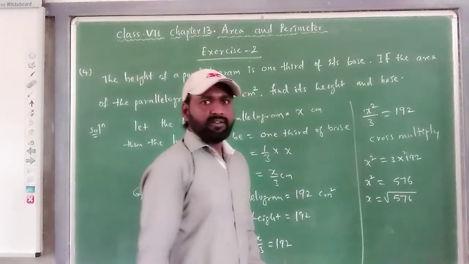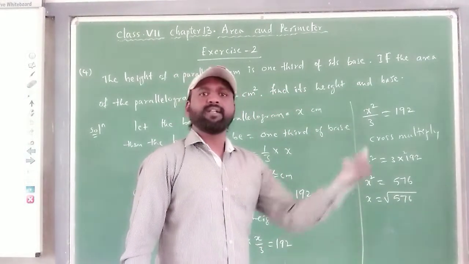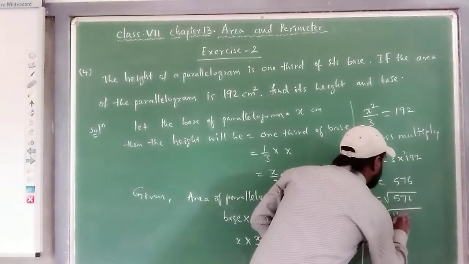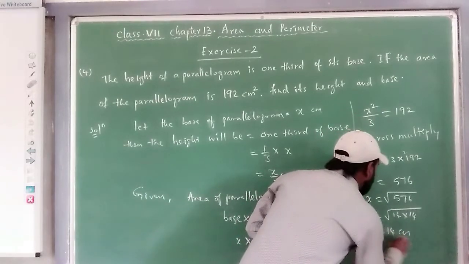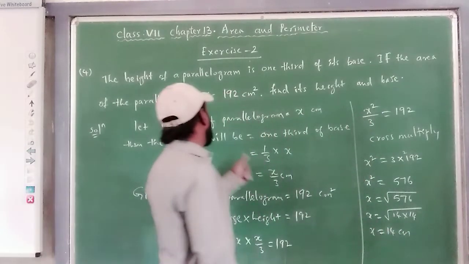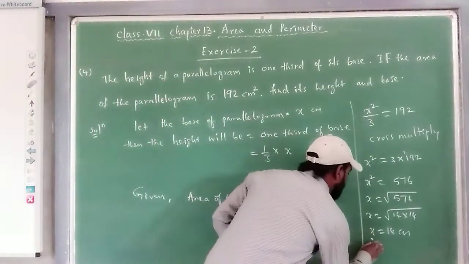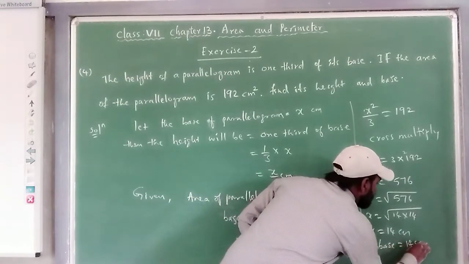Square root of 576 is 24. Why? Because 24 into 24 is 576. So x is equal to square root of 24 into 24, so it will be only 24. That is x. x is the base of the parallelogram. That means base is equal to 24 centimeters.